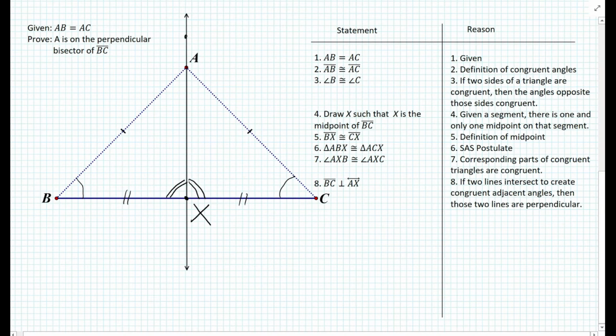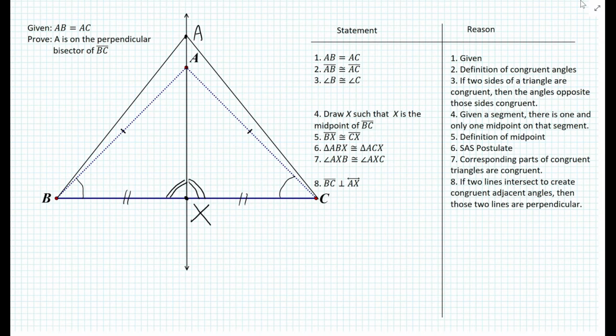So for example, you can put point A over here. Well, guess what? In this case, that point A is still going to be equidistant and on the perpendicular bisector, as you can see here in the figure. You can also place A lower. If it's still equidistant to B and C, it's still going to lie on the perpendicular bisector.